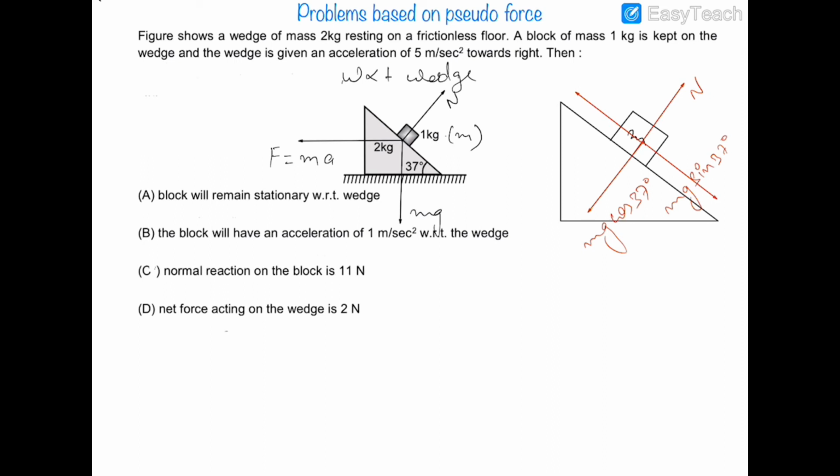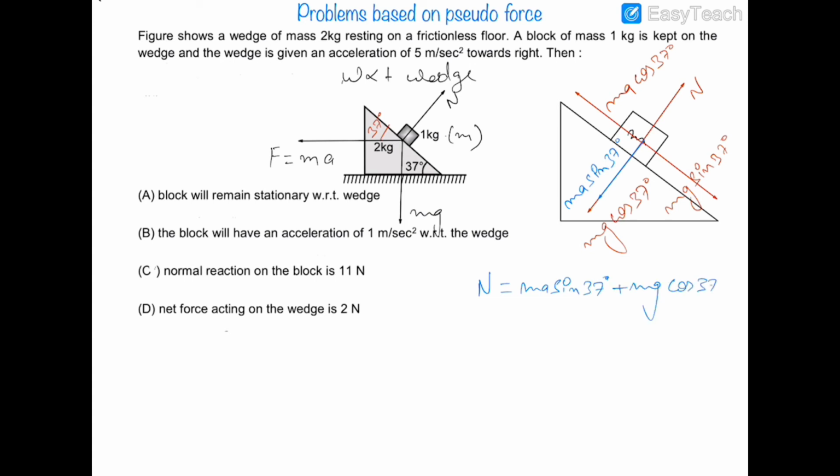This will be ma cos 37 because this angle is 37 degree, and the component of ma along the normal direction will be ma sine 37.